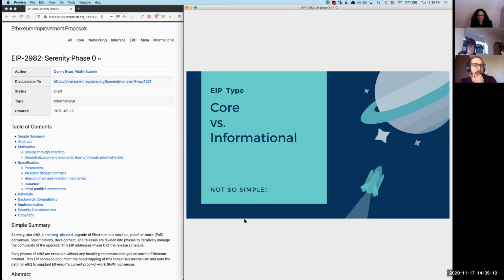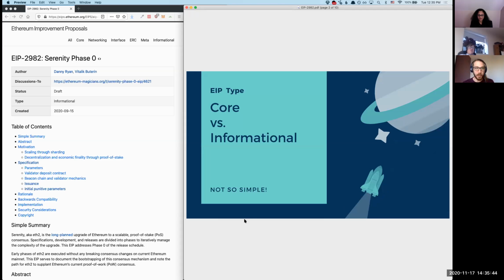So first of all, if you follow the EIP process, or if you've seen any of these other EIPs, you're familiar with the fact that EIPs have a type. And the most common type, I think, is core, which these are changes that actually bring in consensus changes to the Ethereum mainnet.